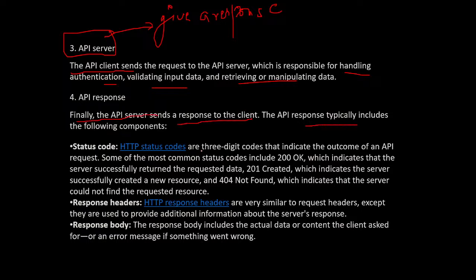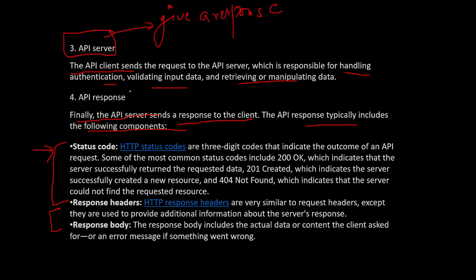The API response typically includes the following components, like the status code. In the next lectures we will definitely talk about status code, response header and response body.